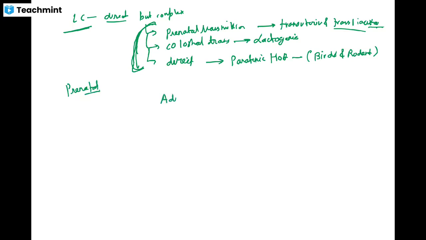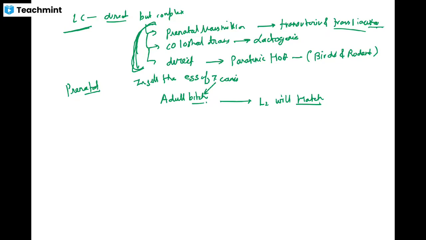Suppose there is an adult bitch, it ingests the egg of Toxocara canis, then L2 will hatch inside that bitch.